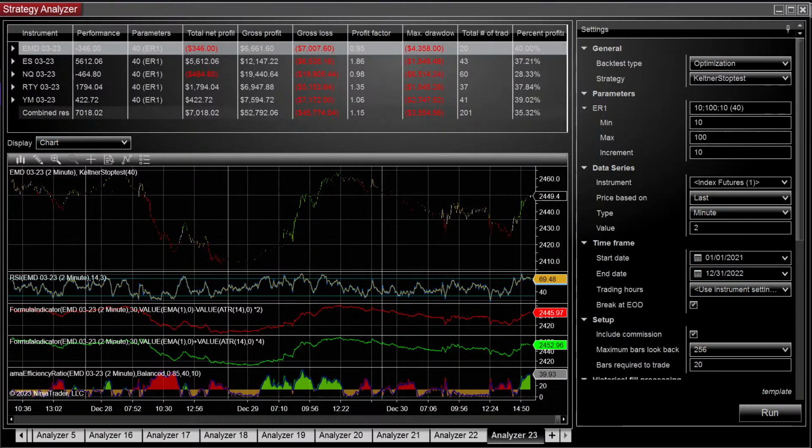Since we're going to have the results of all the asset classes for each time frame, it's really just going to be specific to what you want to add.